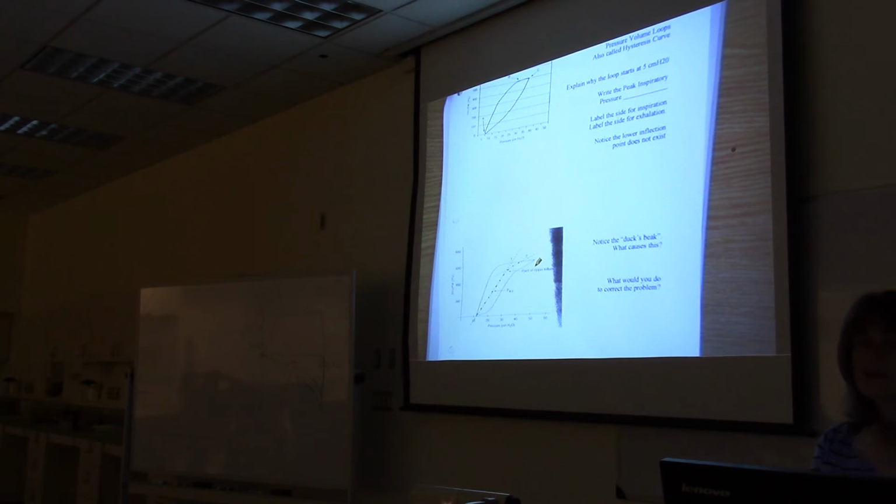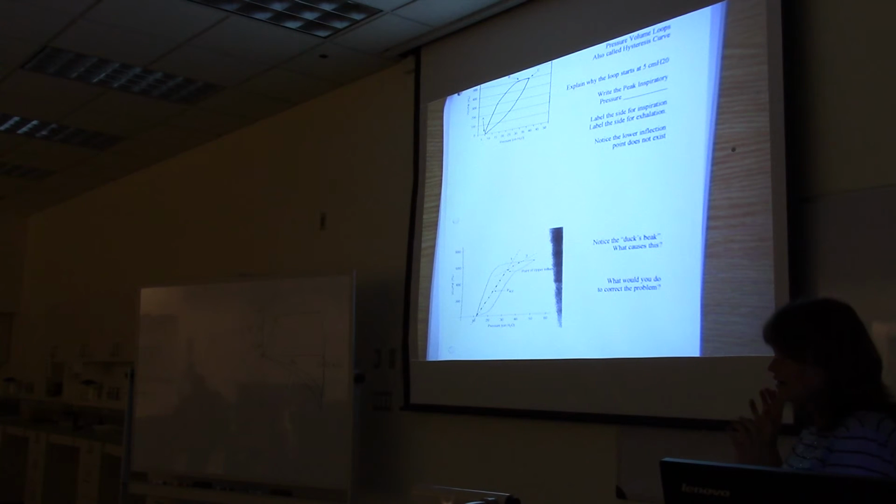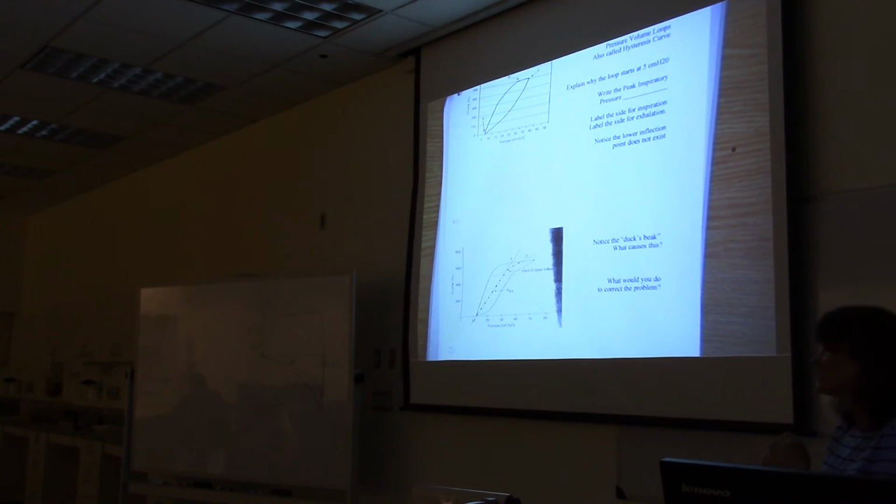And the reason for that is the tidal volume is too large for that patient's lungs. So the lungs are already full, and now you're saying, nope, we're going to put another 100 mLs in there. And when you try to squeeze more volume into the lungs than it can hold, it builds up a lot of pressure. And it gives you that duck's beak look.